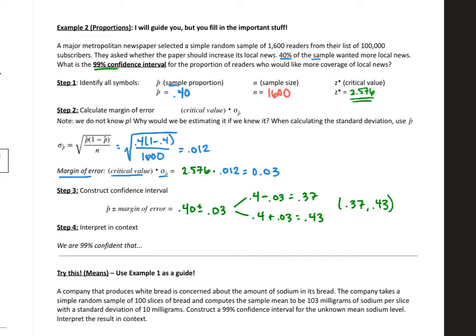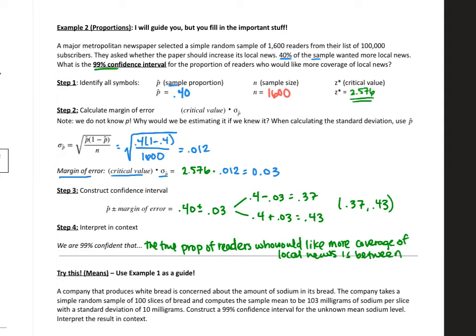So to interpret in context, we start with our level of confidence. We are 99% confident that the true proportion of readers who would like more coverage of local news is between 0.37 and 0.43.